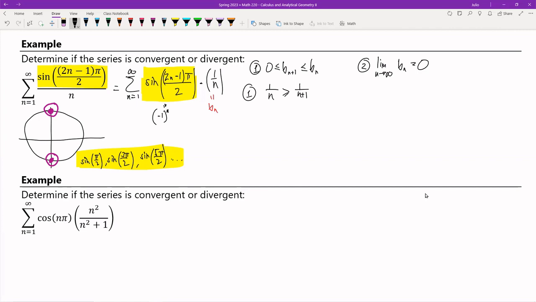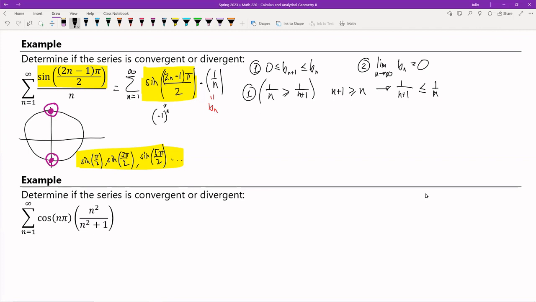Since we have a fraction, let me start with this. We know that any n plus 1 has to be bigger than or equal to n. So if we invert them, 1 over n plus 1 has to be smaller than 1 over n. This is a bona fide argument for it.